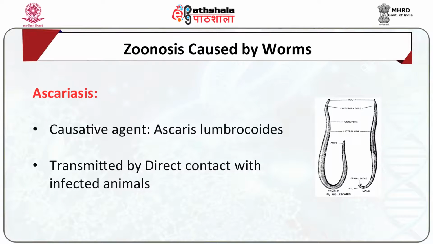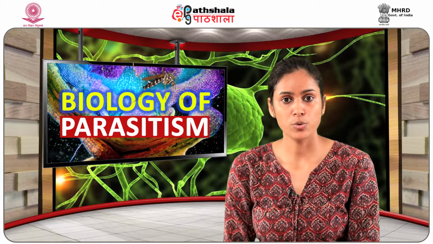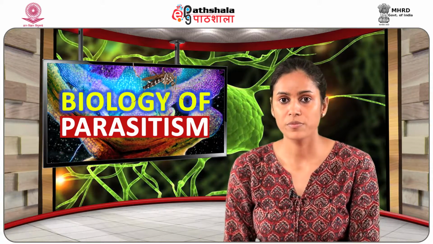Then coming to zoonosis caused by worms. First disease is Ascariasis. This disease is caused by a human parasitic worm, Ascaris lumbricoides. It is a parasitic nematode worm commonly known as roundworm.